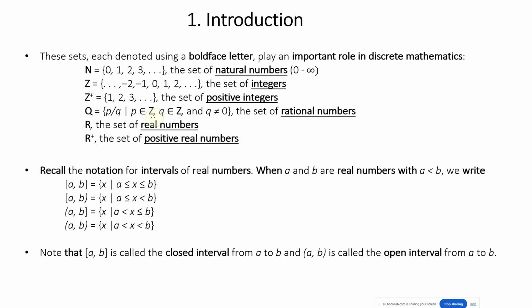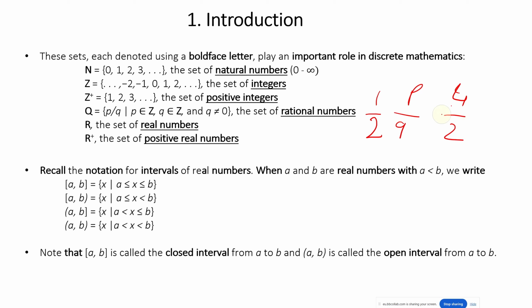Of course, when we say p and q, p divided by q, they don't have any common factor. So for example, it's not like 4 divided by 2, because 4 divided by 2 is not what we mean. It's like 1 divided by 2.